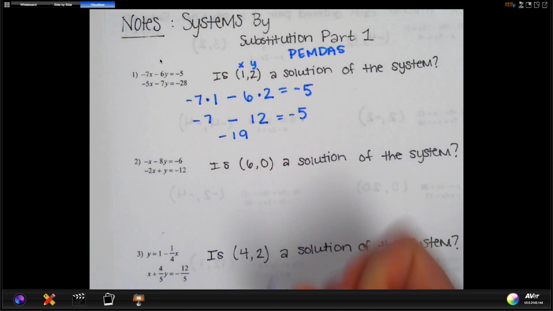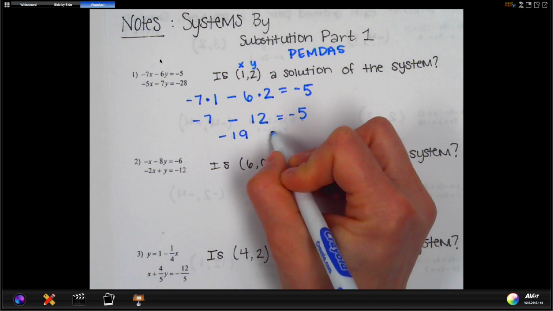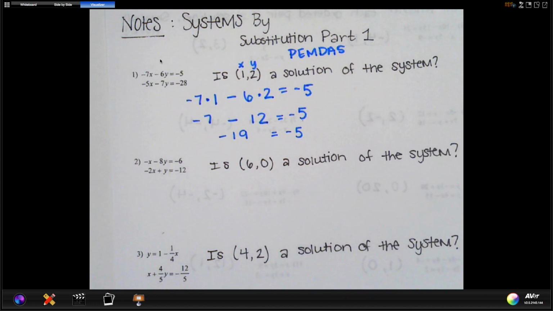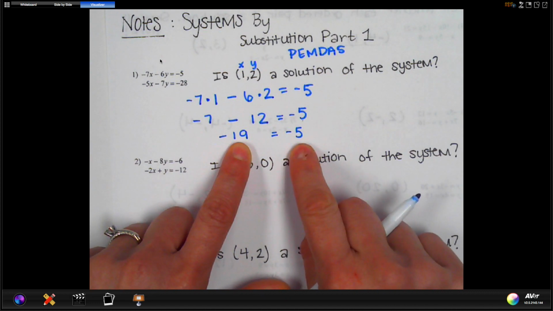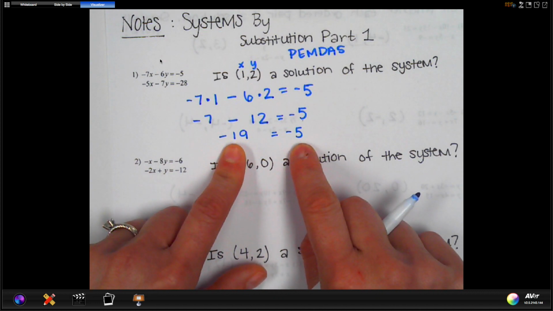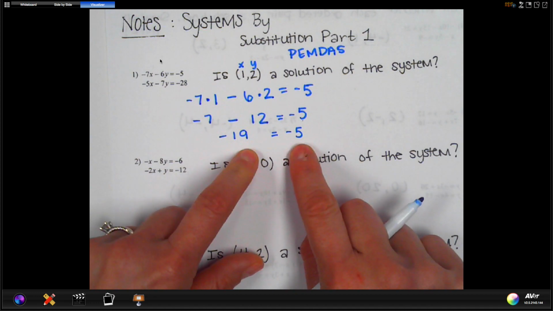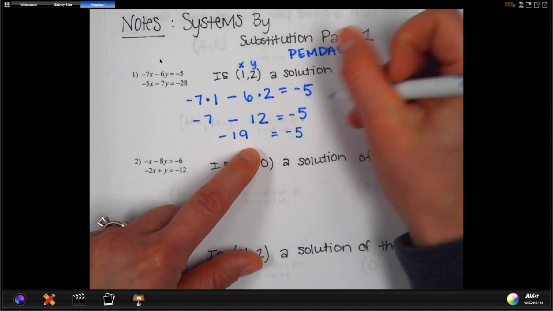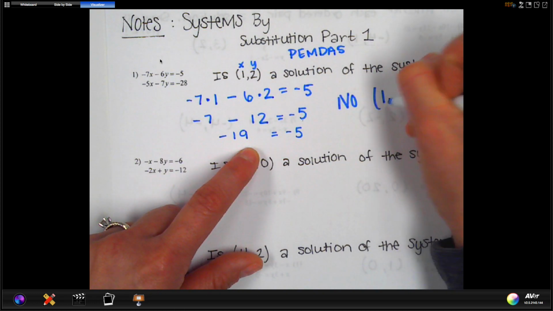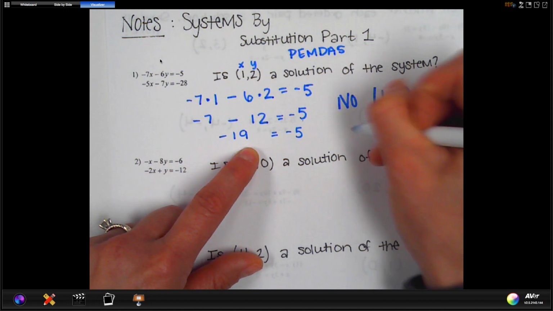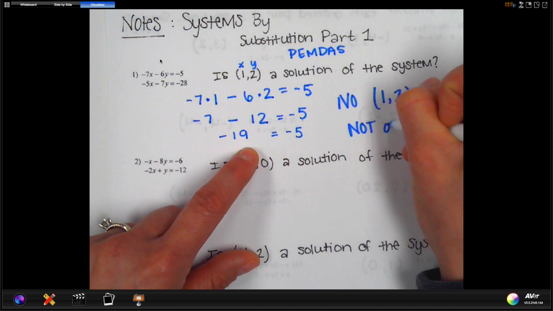If you're not sure, check in a calculator. And then equals negative 5. So right away, we get negative 19 on one side saying it's equal to negative 5. That does not work. Those are not equal. So since that does not work, the answer is no. (1, 2) is not a solution to the system.